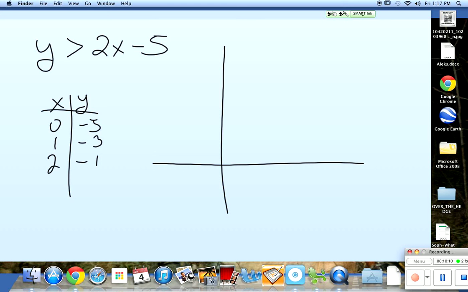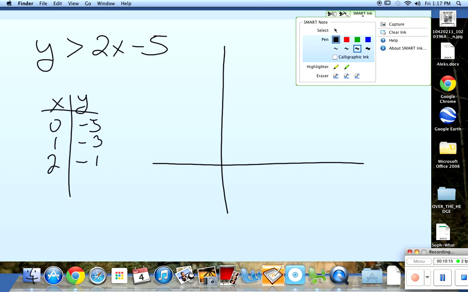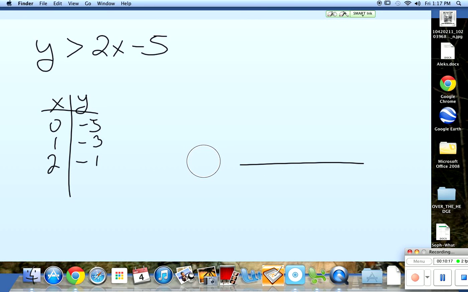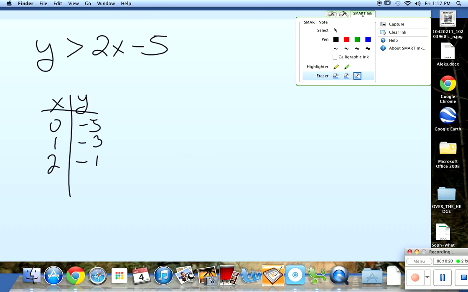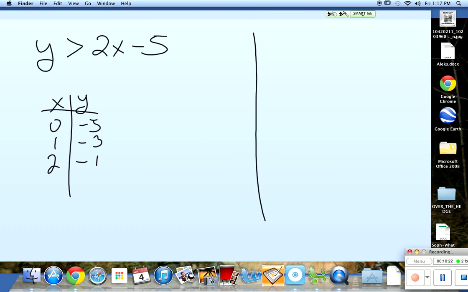Okay, so it's starting down here somewhere. Let me move my line. All right, I've got 0, -5, 1, 2, 3, 4, 5. I've got 1, -3, and I've got 2, -1. So my line is going like this.